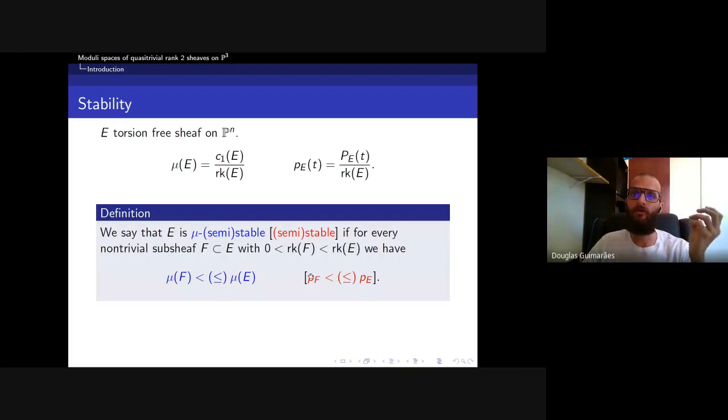When the same holds for the reduced Hilbert polynomial, we say that E is stable, also known as Gieseker stable, and if we allow equality, we say that it's semi-stable. Relating these two notions of stability, we have this chain of implications: mu-stability implies stability, which implies semi-stability, and finally mu-semi-stability. We'll use this chain of implications later.